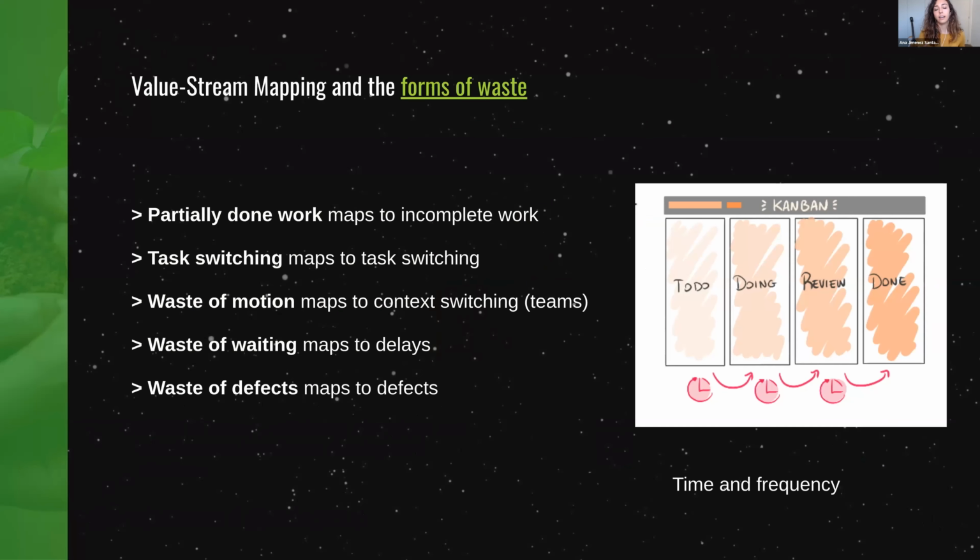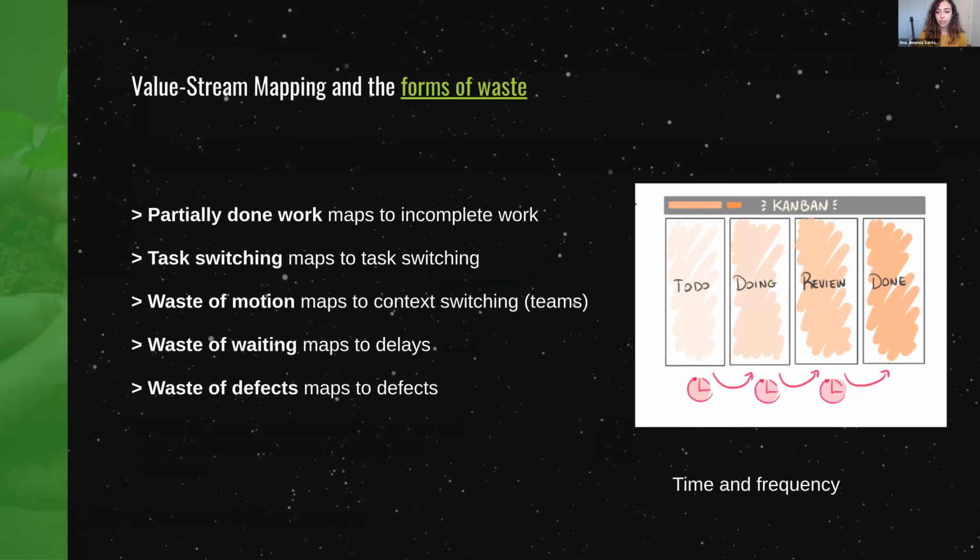So saying that, now it gets clear that our goal here is to identify these forms of waste, but there are different forms of waste that we can find. According to Mary Poppendieck, there were 7 forms of waste. Just to make this talk a bit shorter, we're going to focus on 5 of them.